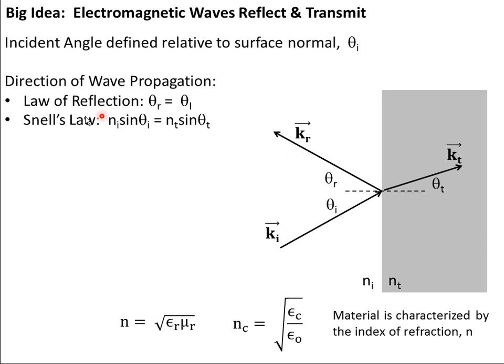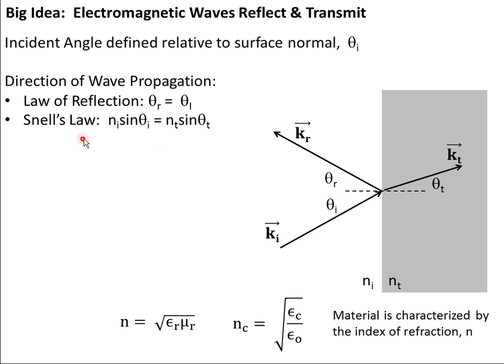The direction the wave propagates is given by two laws, the law of reflection and Snell's law. The law of reflection simply says that the reflected angle theta sub r, that's that angle right there, is equal to theta sub I. Snell's law relates the incident angle theta sub I to the angle the wave is transmitted, theta sub t.